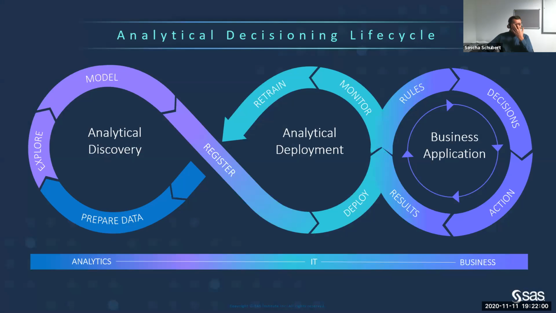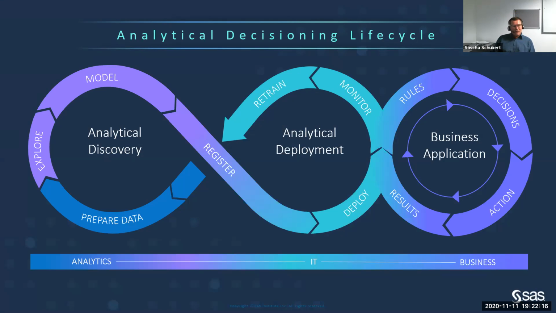Okay. Yeah, so this is our process model for the entire model lifecycle. We call it the analytical decision lifecycle, where it's about analytical discovery on the left-hand side that I just talked about, which maps to the machine learning pipelines. You have the different steps in there that you need to go through.